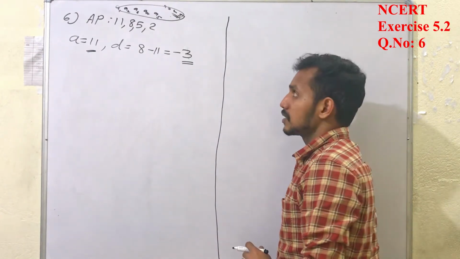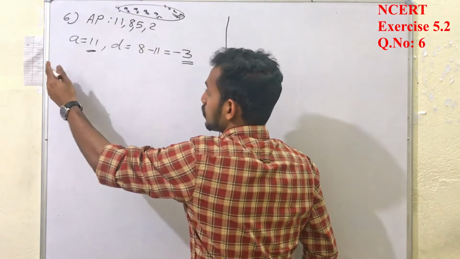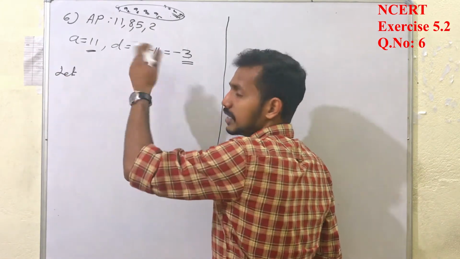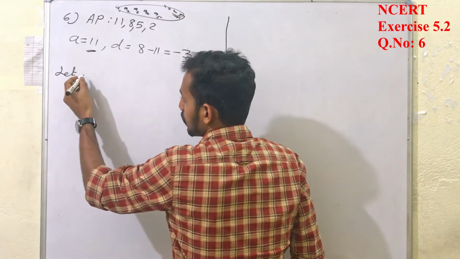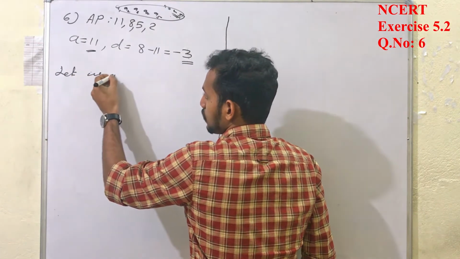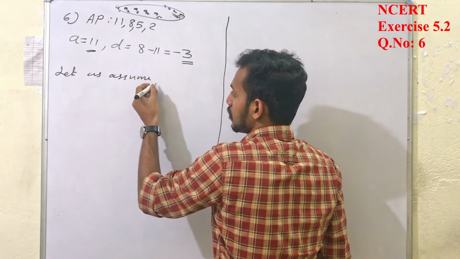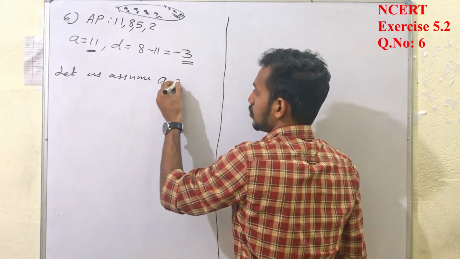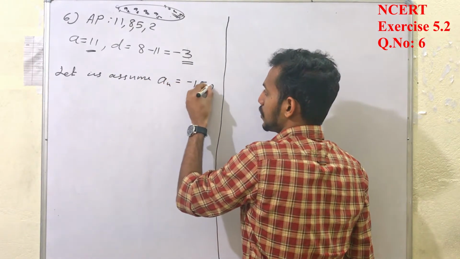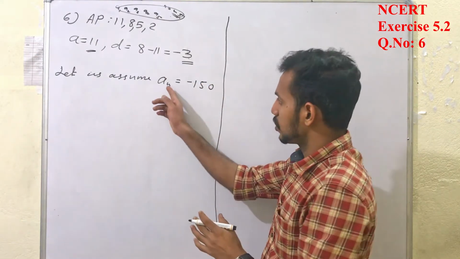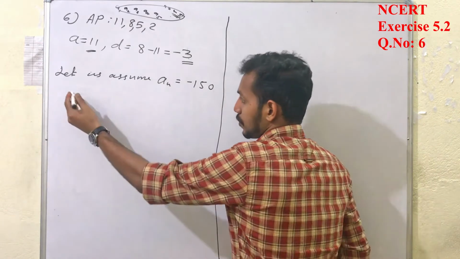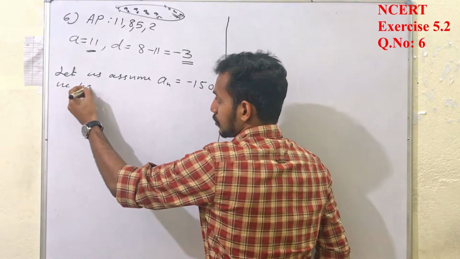Now the second thing is that we are going to assume that an is the nth term of the AP. Let us assume an is equal to minus 150. That means we don't know which term of this AP it is, we are just assuming that. What is the formula we have learned for finding the nth term of the AP?